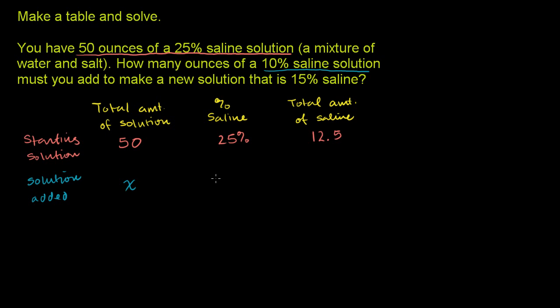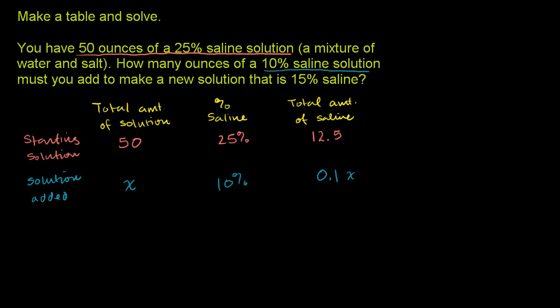If we had 50 here, it would be 10% of 50. If we had 10 here, it would be 10% of 10. So the amount of saline in x ounces of the solution is going to be 0.1x, or 10% of x. That's what 10% of the solution being saline means.